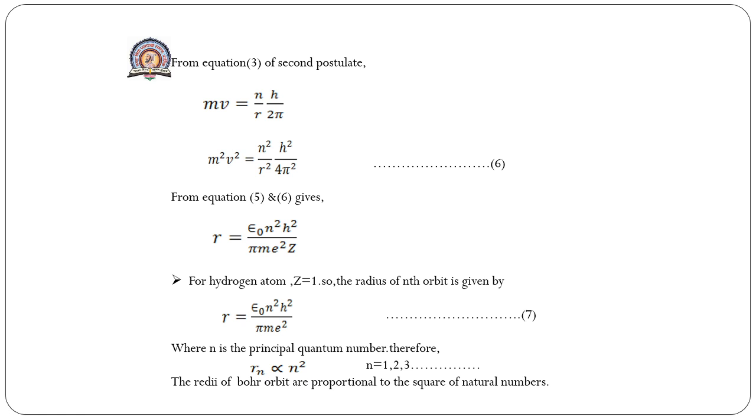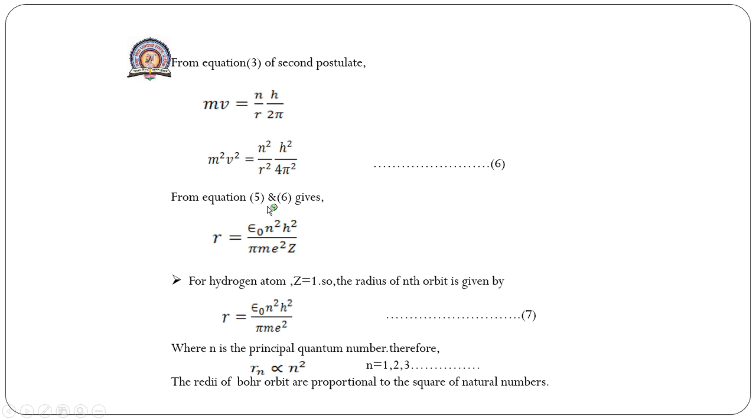From the equation of the second postulate, mvr is equal to n into h upon 2 pi. The r goes to the denominator, so we get mv is equal to n upon r into h upon 2 pi. Now squaring this equation, m square v square is equal to n square upon r square into h square upon 4 pi square.